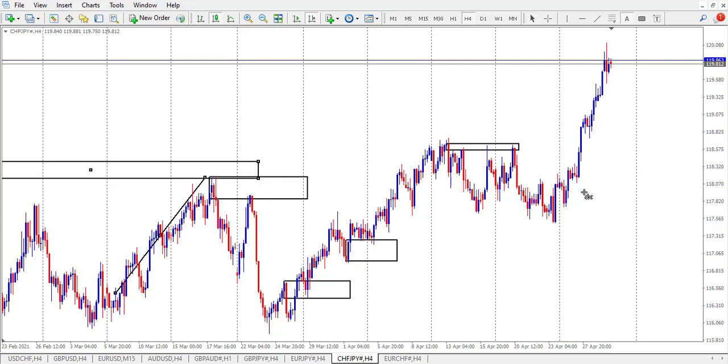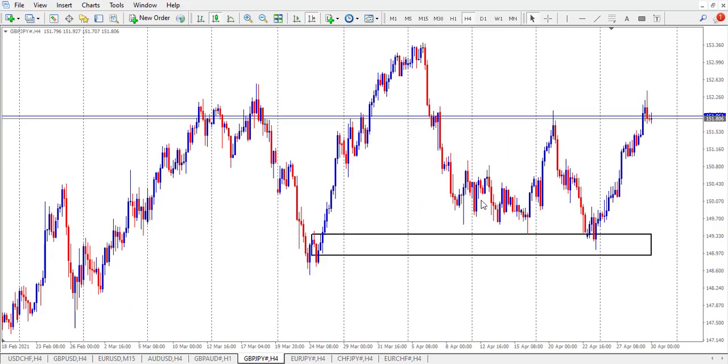So if you look at this one, you see that this is an order block which failed to hold price. So when price comes back, it retested the OB right here. It retested the OB and continues going up. So this is how you trade the breakers.